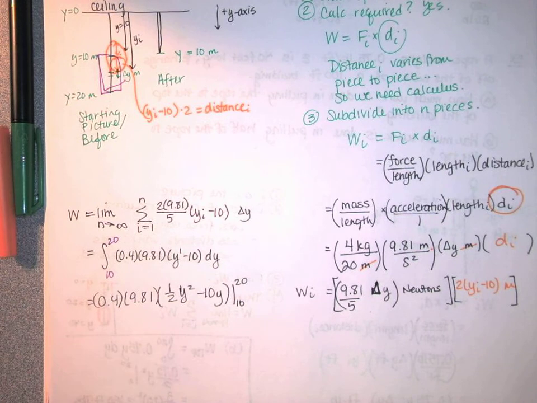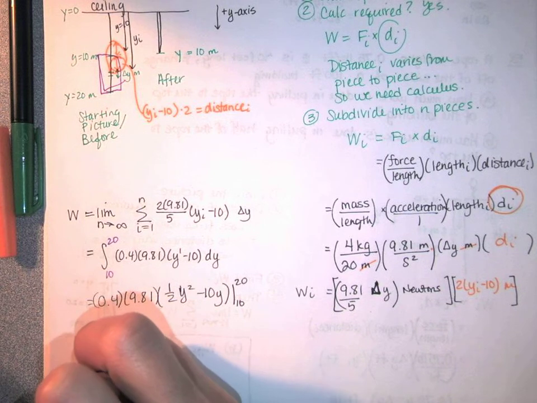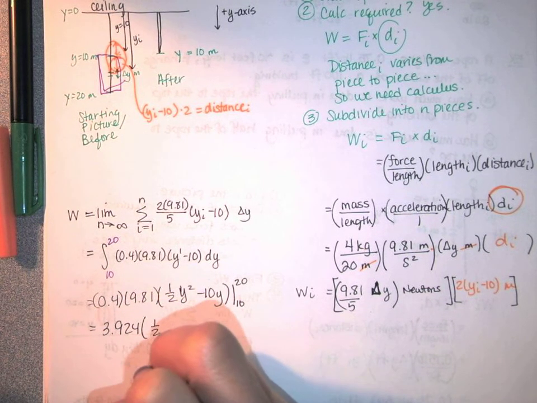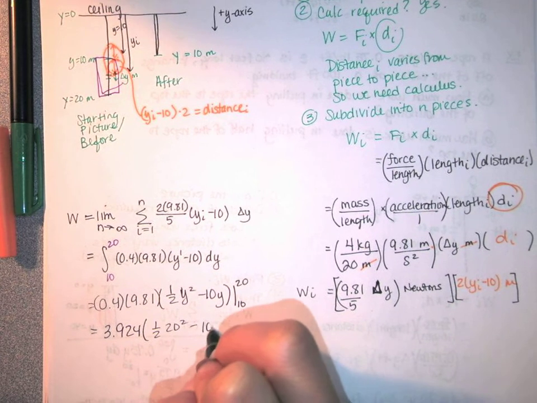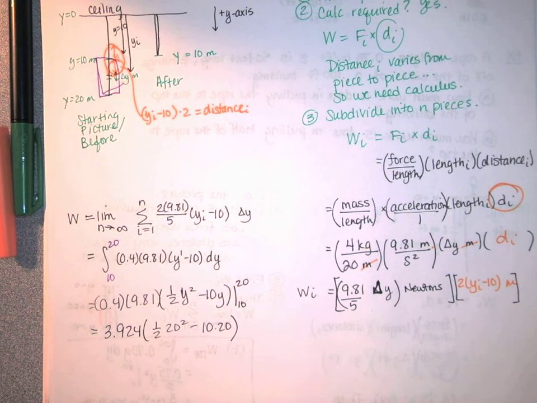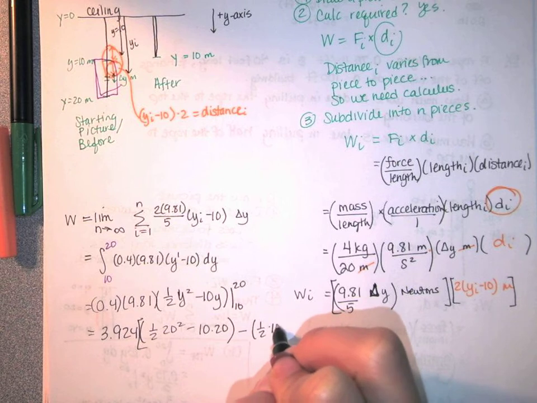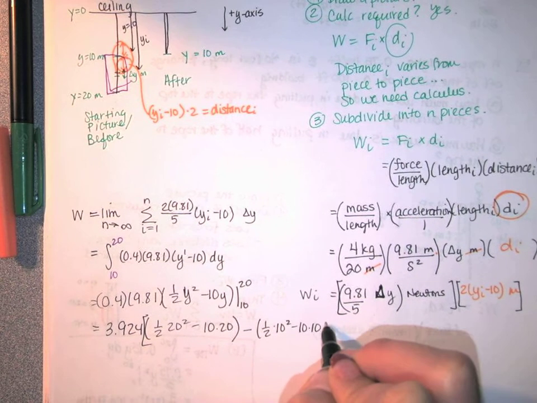So I'm going to have 0.4 times 9.81, which is 3.924. And then I've got 1/2 of 20 squared minus 10 times 20, all of that minus 1/2 times 10 squared minus 10 times 10.